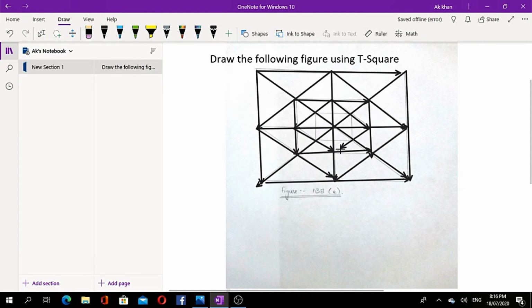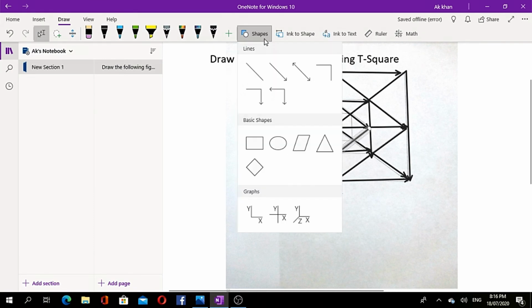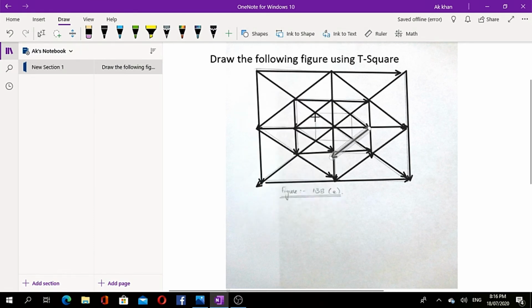Now join this to this point. Now join these points as well. And now join this point to this.